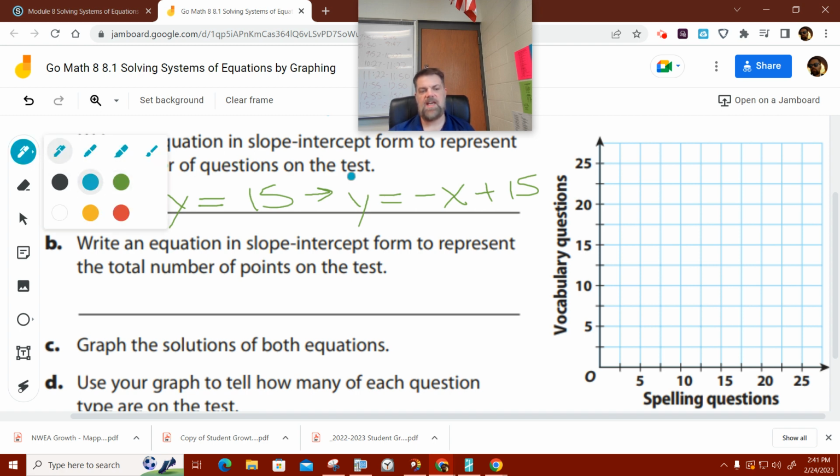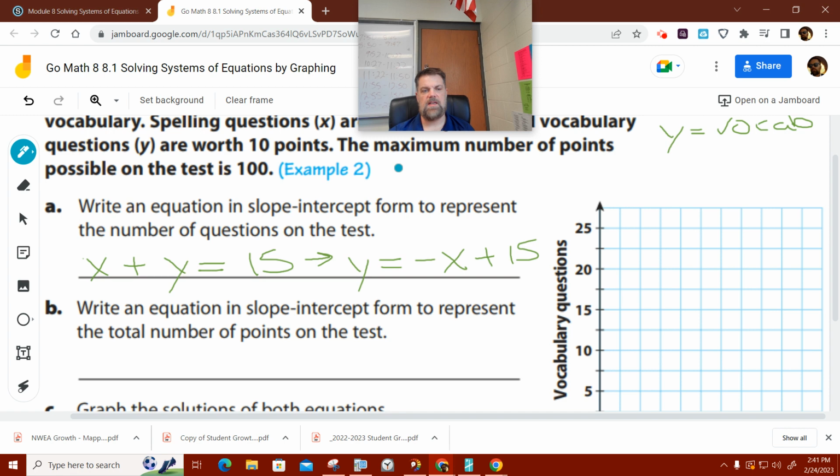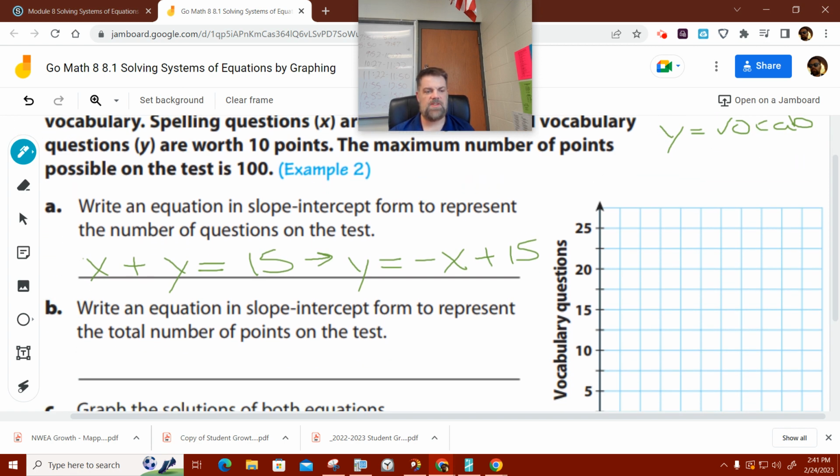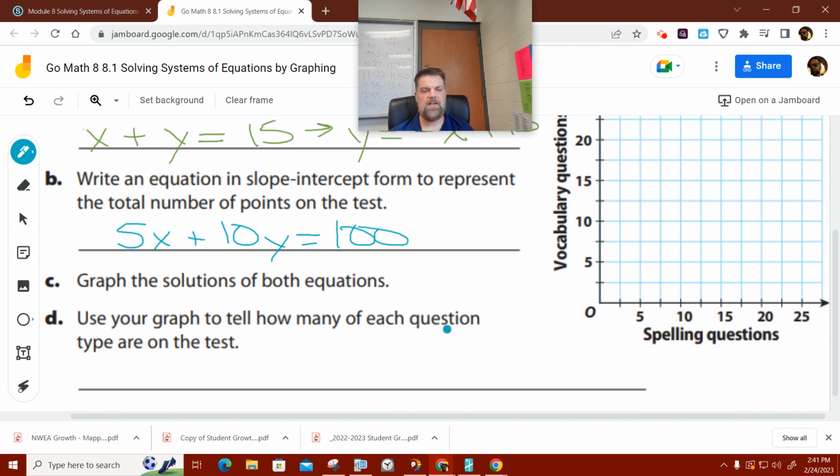Let's do the other one. The other one says that X's are worth 5 and Y's are worth 10. So I'm going to say 5X plus 10Y for a maximum points of 100. Okay. Now this one's a little trickier.